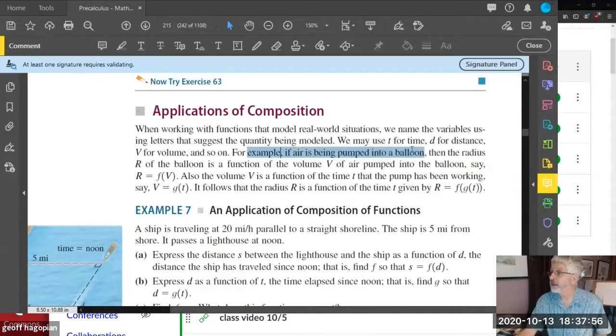For example, if air is being pumped into a balloon, then the radius r of the balloon is a function of the volume v of air pumped into the balloon. Oh, sorry, r is the radius of the balloon, and v is measured in cubic units. I got that backwards. So we take the volume of the balloon in cubic units and produce the radius of it. If it's a spherical balloon, presumably it has some radius.